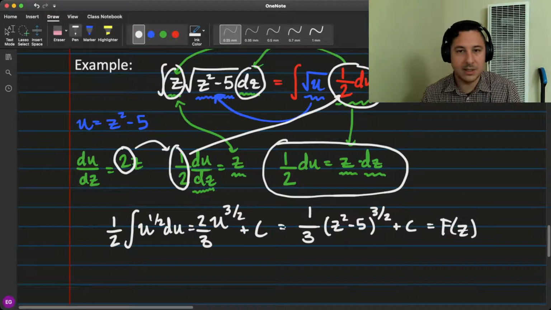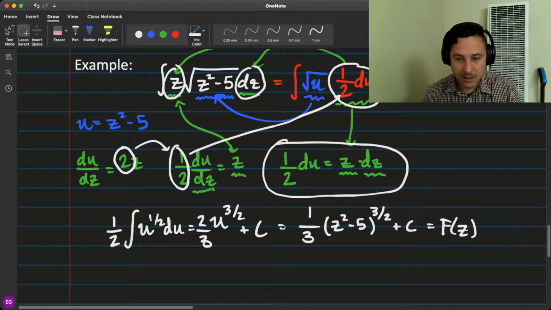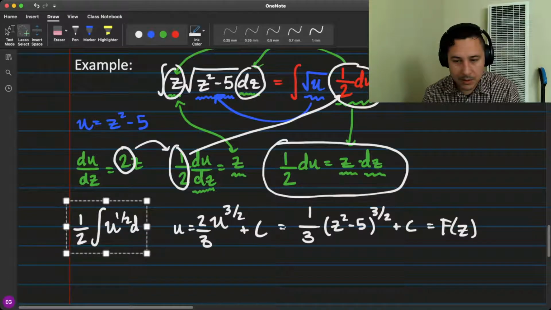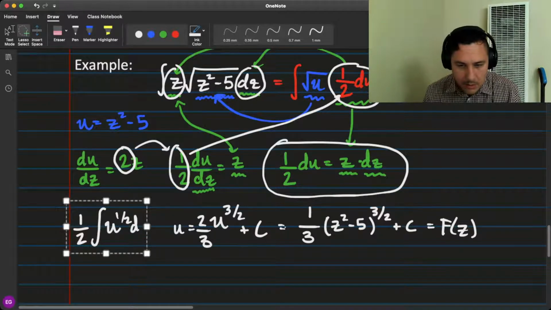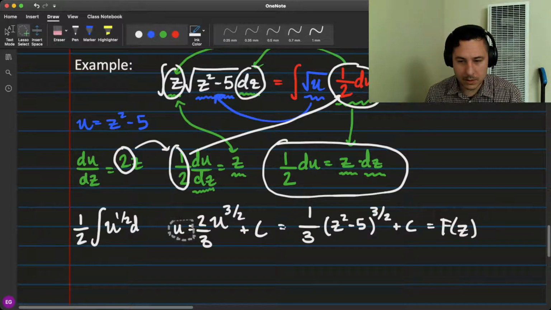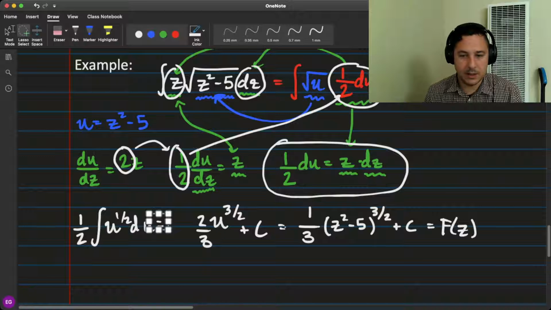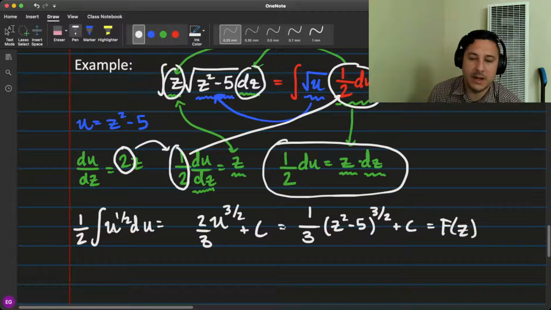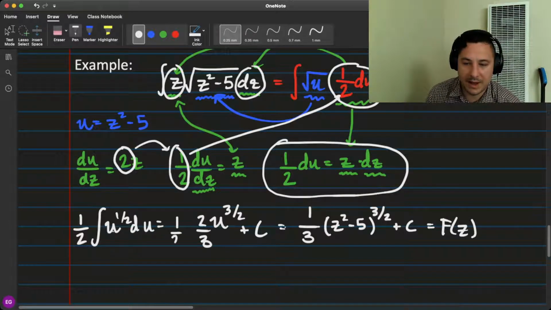Oops, okay, let me move this stuff. So you get 1/2 integral u to the 1/2 du, which will be 1/2 times 2/3 u to the 3/2 plus c.